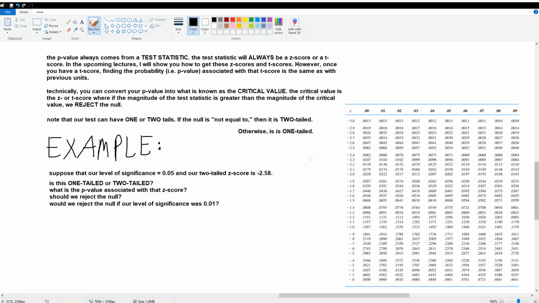Getting the probability, p-value means probability, associated with that score is the same as before. Once you have a score, you find the probability from the table. So for example, if we have a z-score, let's suppose we have z is equal to negative 0.5, our p-value is 0.3085. So once you get your score, the process is the same as it has been.